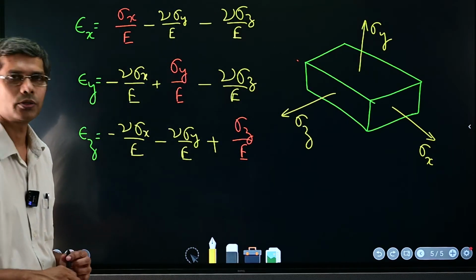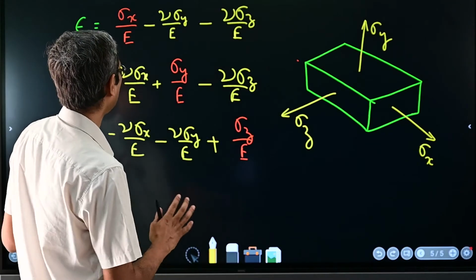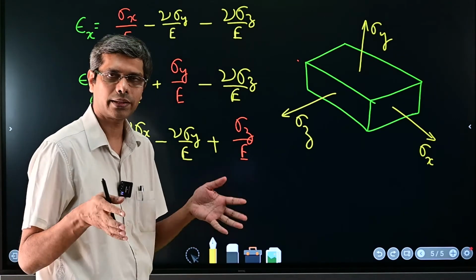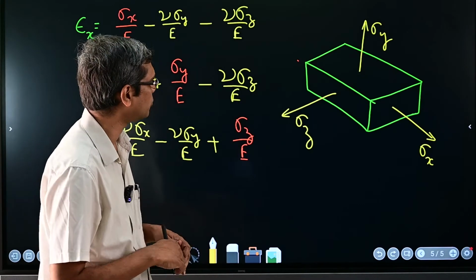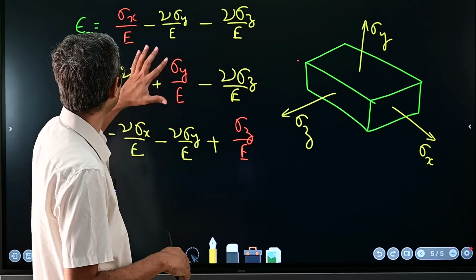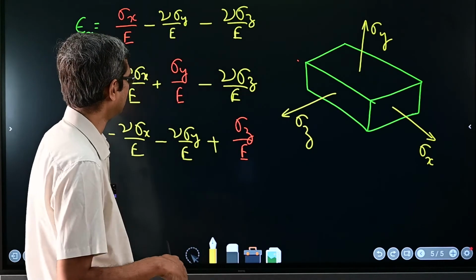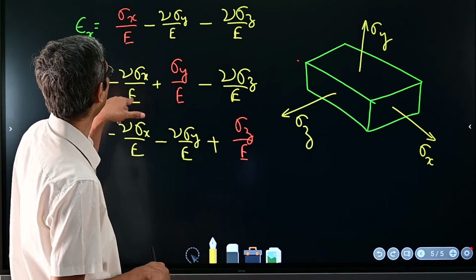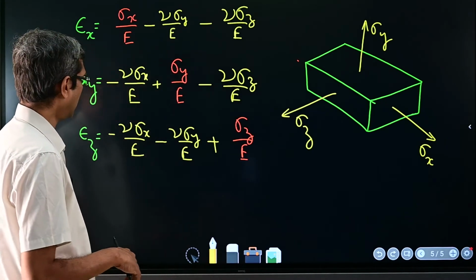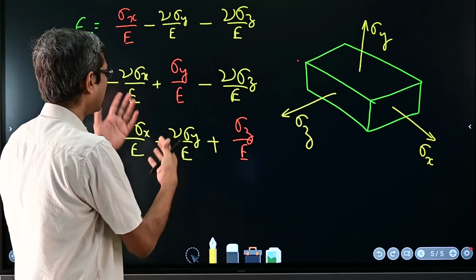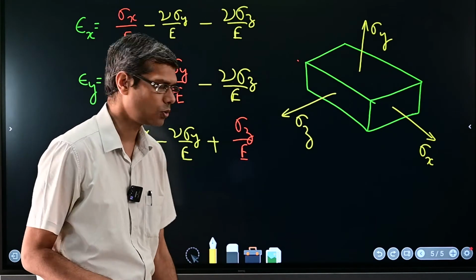These are the complete expressions considering all the extensions and contractions when stresses are applied from all directions, sigma x, sigma y, sigma z, everything acting. I think it's correct. Sometimes this is called the generalized Hooke's law.